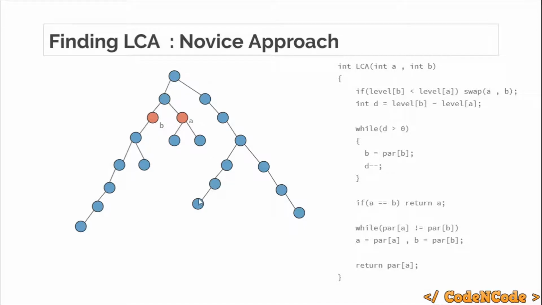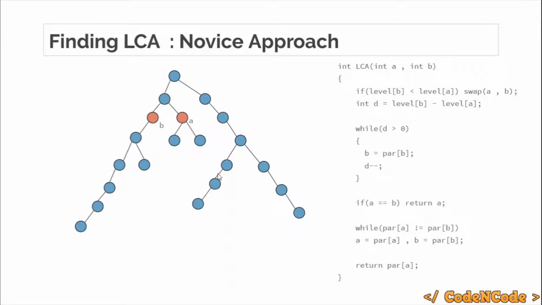So when B was this and I have to go all the way till this point, what we were doing is updating B equals parent of B, and parent of B is this, so B would be updated to this. Now this node also has its parent stored somewhere in the parent array. So again we would update B equals parent of B, and we are here.